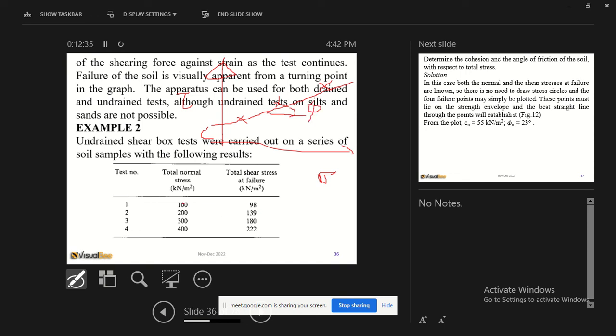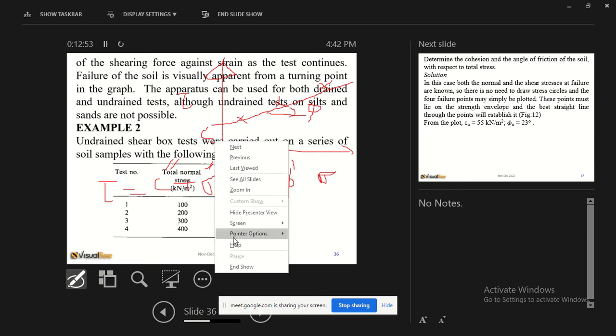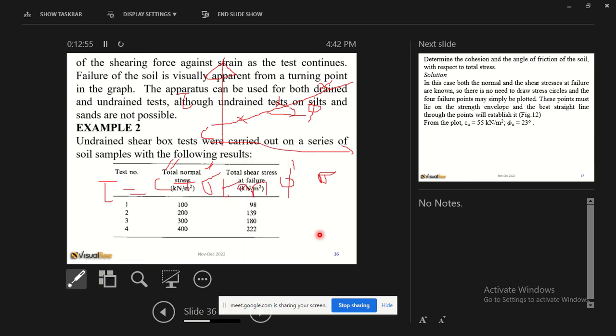And when we ask you to give us the equation, you have to substitute these values here. Sigma, you have to tell us what these are. Tan phi is the angle you measure from there, which you can easily tell us. So it's quite simple and straightforward.